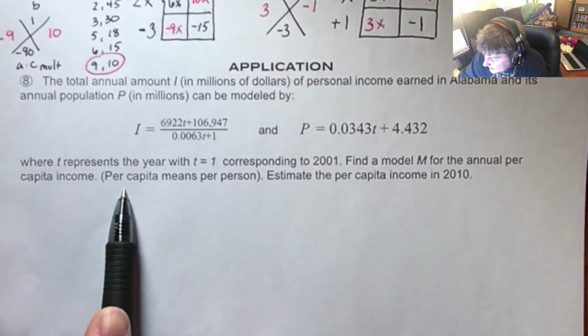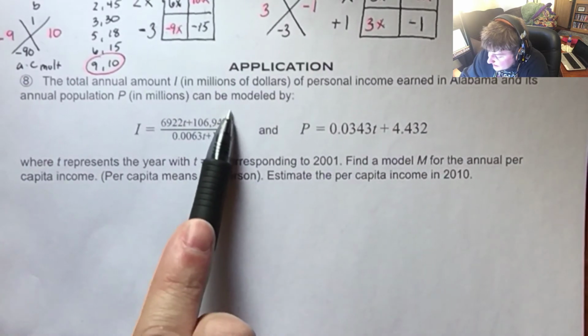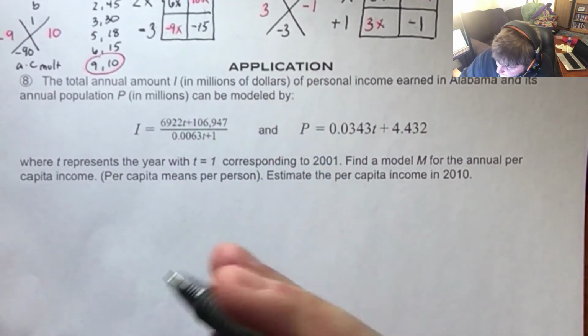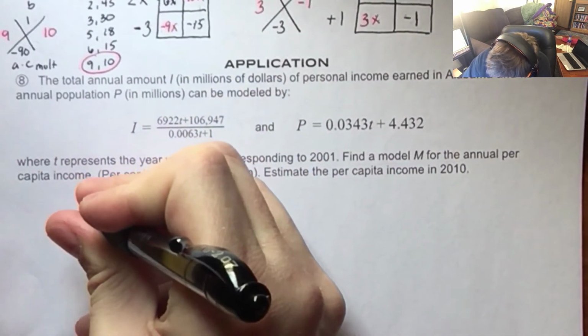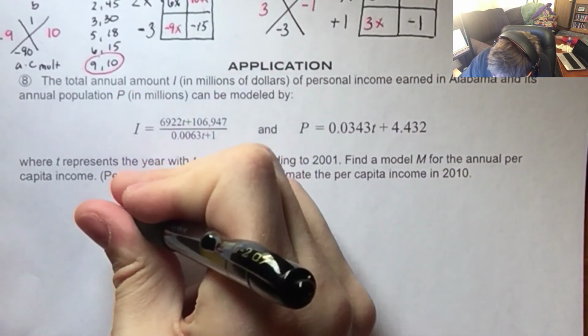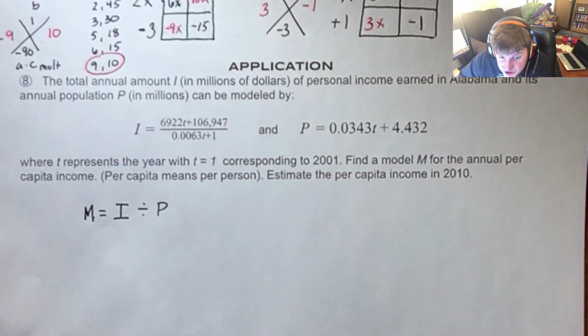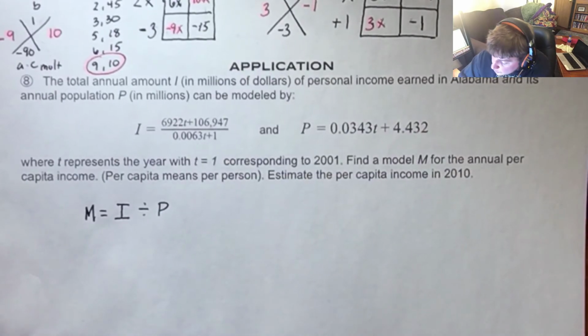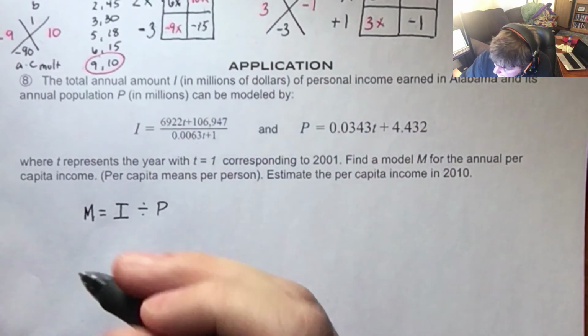Per capita income means how much income per person. So we have to take the income and divide it by the population. So we know that the model M is going to be equal to my income divided by my population. Well, we have representations for income and population, so let's go ahead and do that.